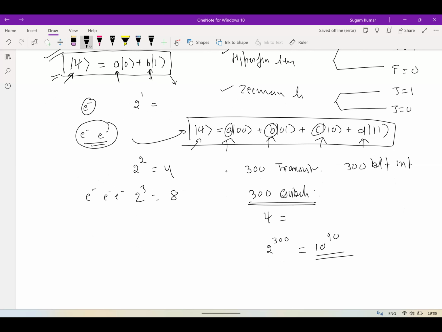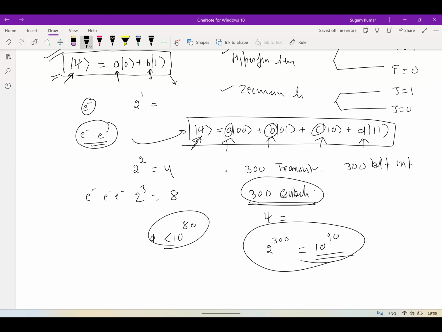In our universe, you have, I think, less than 10 to the power 80 particles. So the amount of information that this wave function, the superposition of these 300 qubits, is carrying is enormous, much more than the number of particles that exist in the universe. This is where quantum computers attract people.